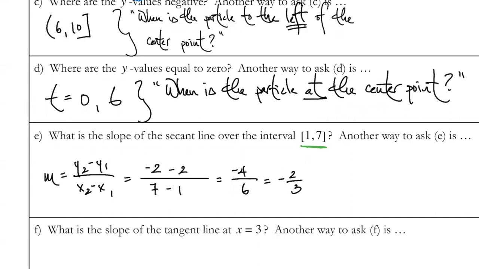I think the units might help us with another way to ask. On the top, our Y values are in meters, and on the bottom, our X values are in seconds. So -2/3 is really -2/3 meters per second, okay?